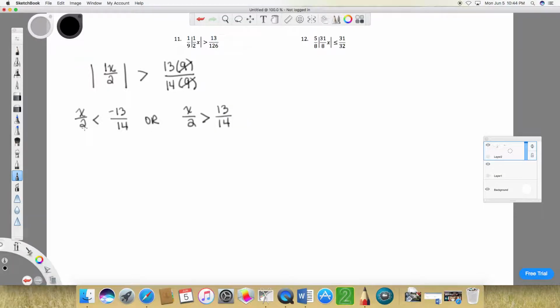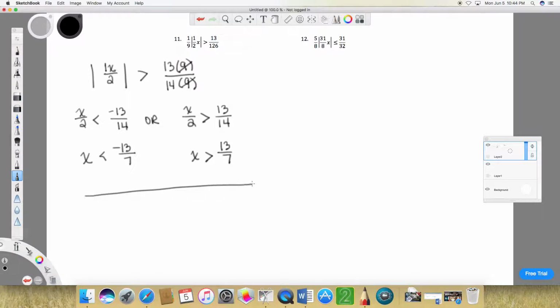So if I multiply both sides by 2, I have x is less than negative 13 over 7. And over here, x is greater than positive 13 over 7.